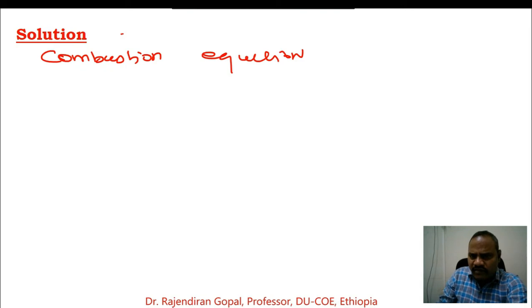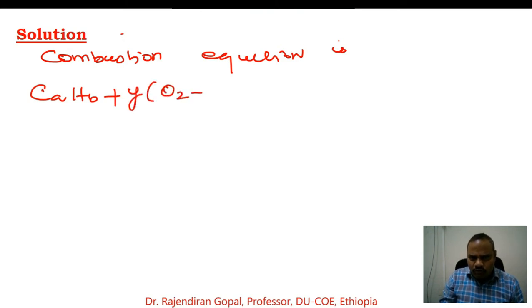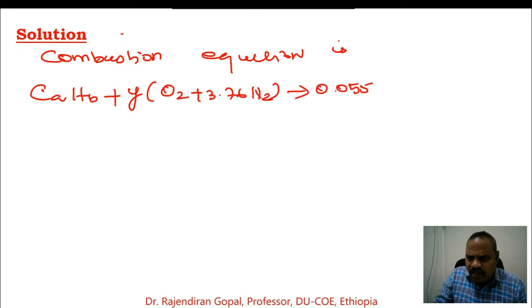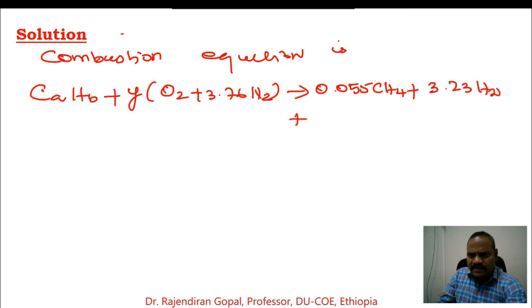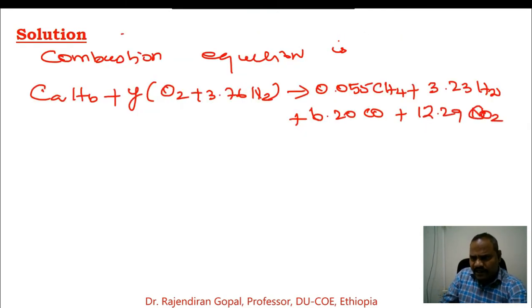Now the combustion equation is, assuming that CaHb is the hydrocarbon fuel, plus Y amount of O2 plus 3.76 N2 produces 0.055 methane plus 3.23 mole of hydrogen plus 6.20 carbon monoxide plus 12.29 carbon dioxide plus 78.225 nitrogen.